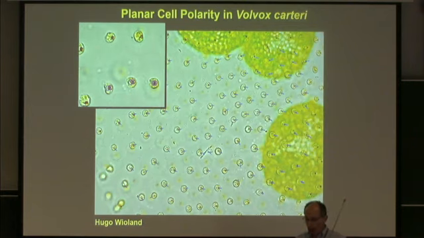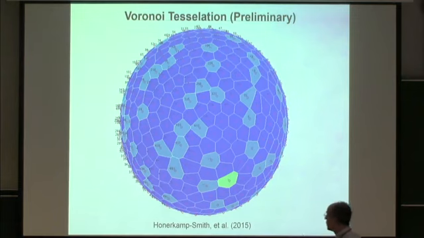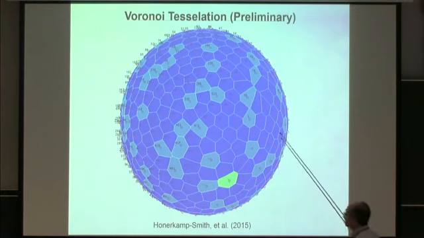And in the service of that question, I should say that because we now have this three-dimensional imaging, we can locate every cell on the surface, and we can make a Voronoi tessellation of the surface, and we can start to ask questions about the neighborhood statistics of any individual cell. And this is just literally a few weeks old, but you can actually get the position of every cell on the surface and do what I just said and start asking where are the 5-sided and where are the 7-sided neighborhoods, as there must be if you're going to have a closed object with the topology of a sphere.